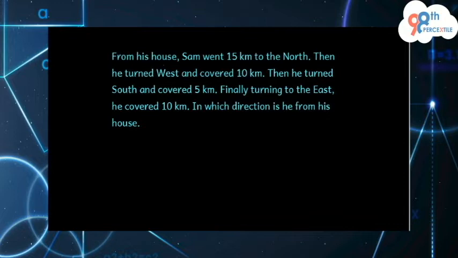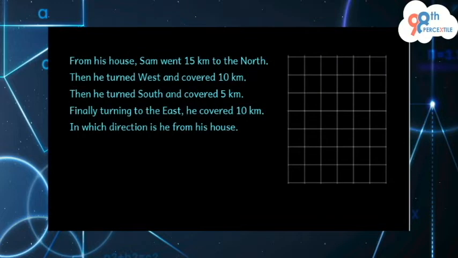Now, to solve this question, the most appropriate way would be to understand what steps he took. So I'm going to bifurcate my question in a manner that gives a clear idea of the distance covered by Sam and the direction in which he went.